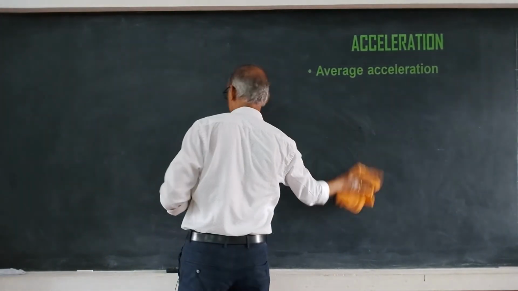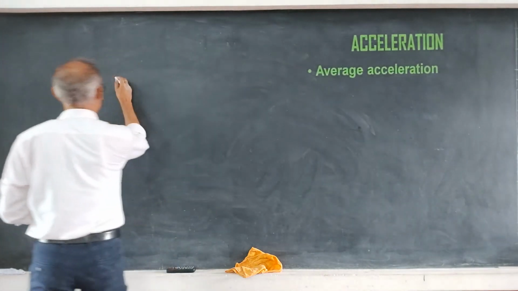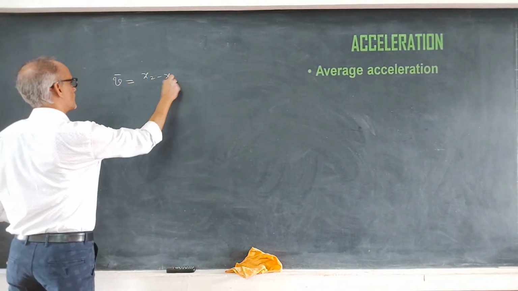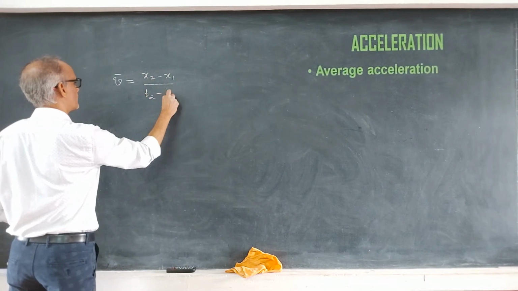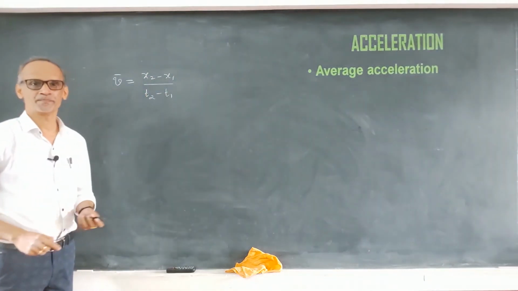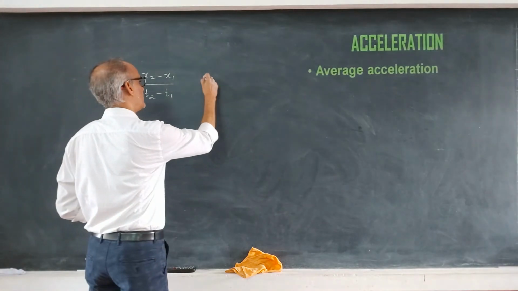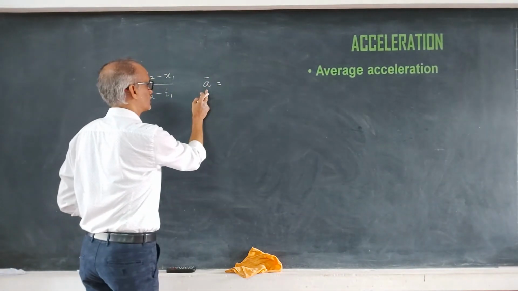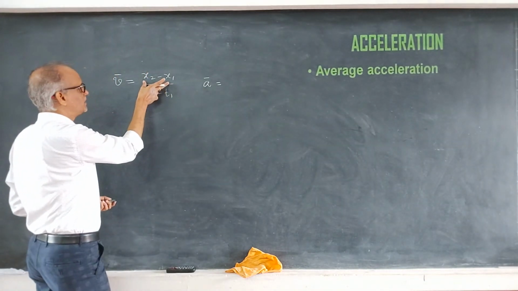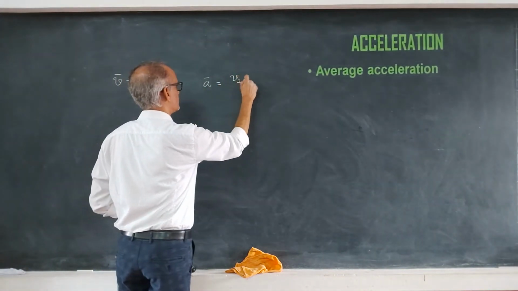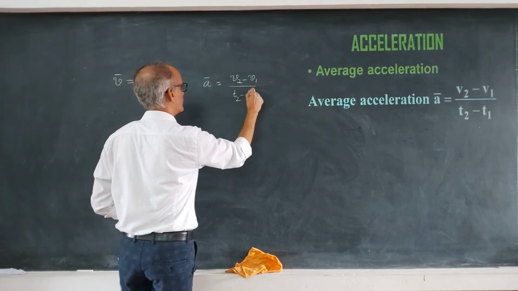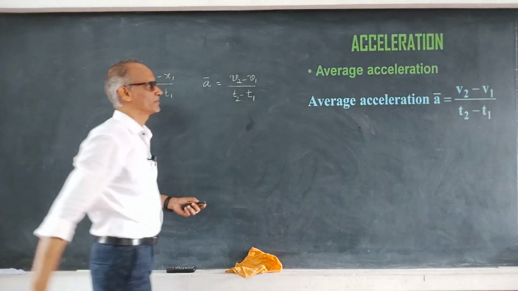First let me write the formula for average velocity. V bar is equal to x2 minus x1 by t2 minus t1. This is how we measure average velocity. Now, the average acceleration is equal to the total change in velocity, which is v2 minus v1, by the total time taken, which is t2 minus t1. So, this is how you get it.